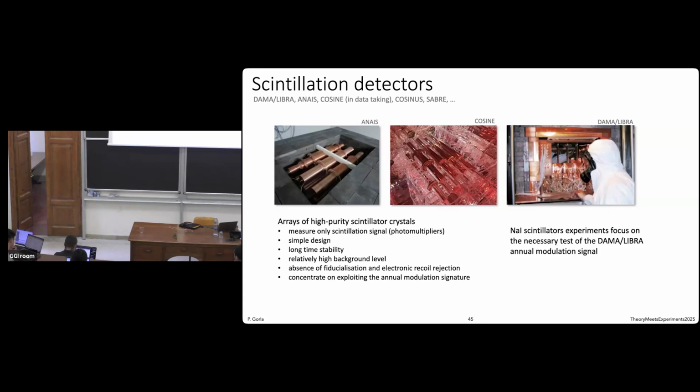There are others. SABRE at Gran Sasso is nowadays delayed with respect to the others, but has detectors that have the same level of purity or comparable with the DAMA crystals.